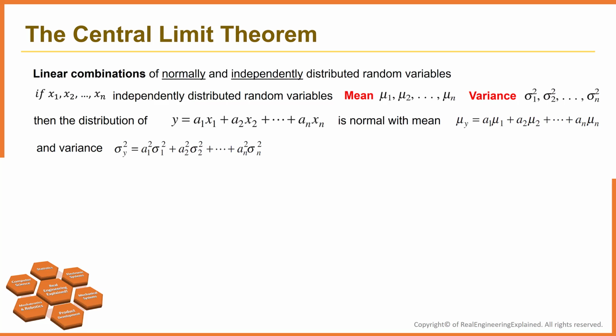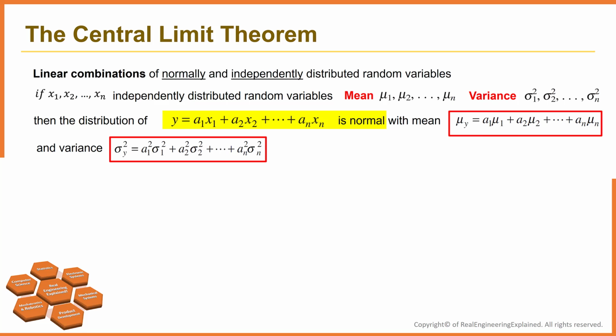If x1, x2, up to xn are normally and independently distributed random variables with means of mu1, mu2, up to mu n, and variances of sigma 1 squared, sigma 2 squared, and so on, then the distribution of y, which is the combination of different random variables, will be normal, with a mean of this and a variance of this. In this equation, a1, a2, up to an are constant numbers.